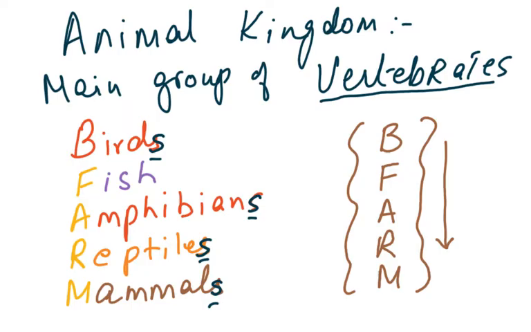So birds, fish, amphibians, reptiles, and mammals. First, let's get these names because we need to remember these. It's difficult for you all to remember things because you are the generation which finds it difficult to memorize stuff. So it's okay, you have to make some mnemonics to actually remember these terms.